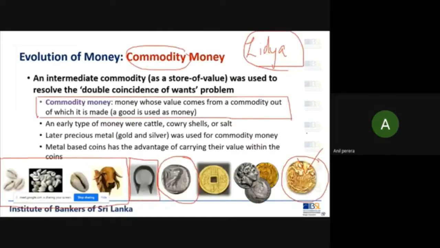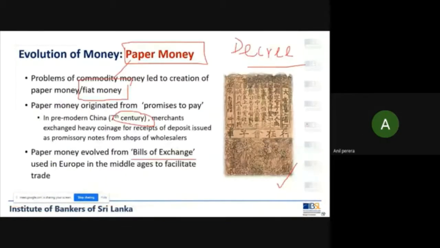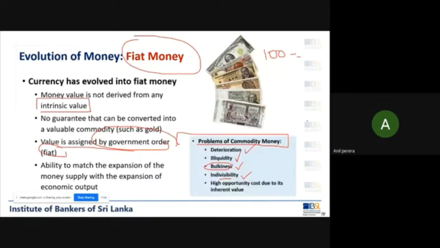These gold coins or silver coins, you cannot simply expand unless you have gold or silver reserves. But paper money is only government printing of money. You can simply expand. There are some factors behind expanding money supply, even the paper money supply. But it's not that difficult compared to commodity mines.